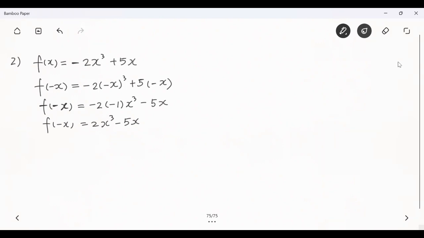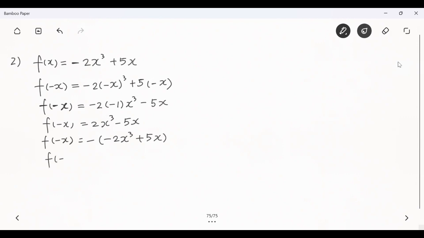Right? If we take the negative out, it is negative times negative 2x cubic plus 5x. And then compare the last function with the original.